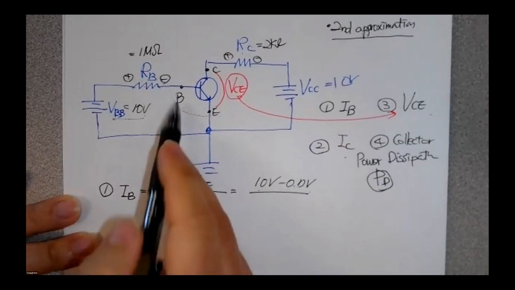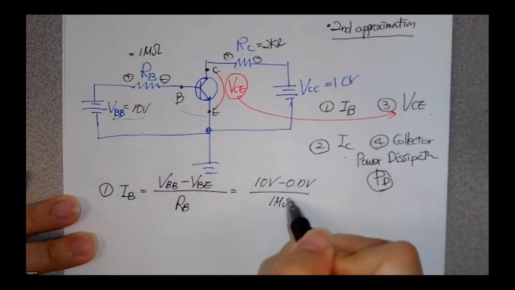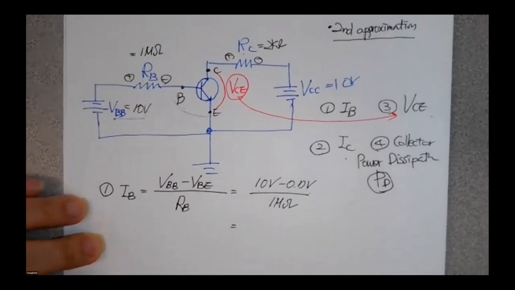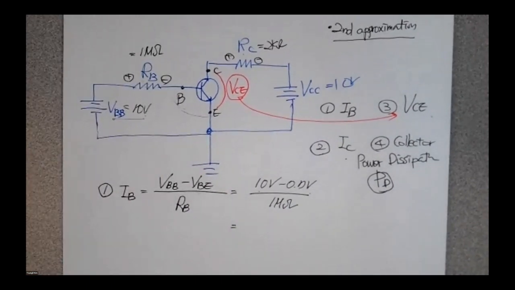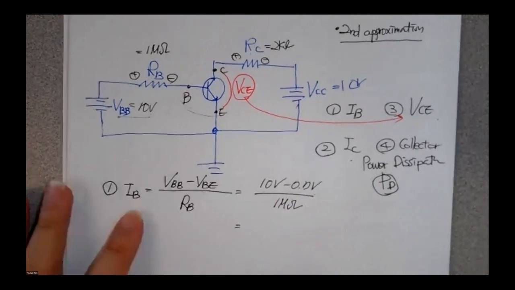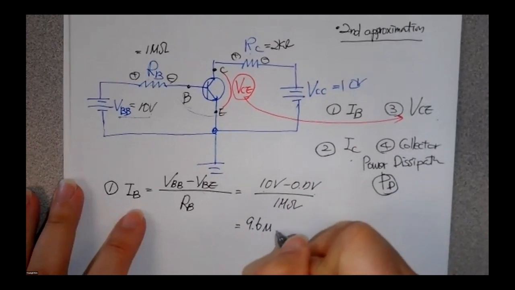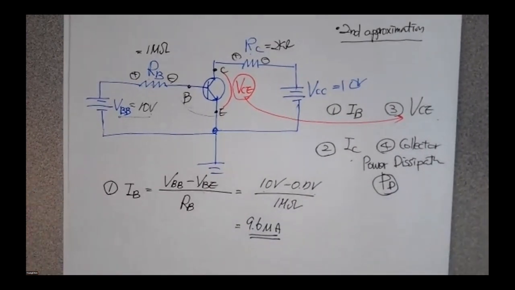And then R sub B is 1 megaohm here. So after I calculated 9.3 divided by 1 megaohm, 9.3 microamp. Okay. Any questions?